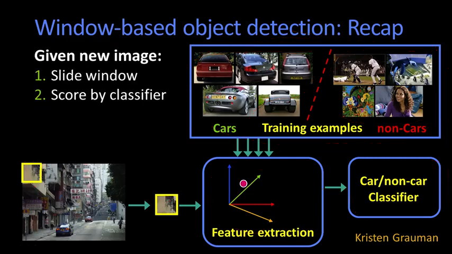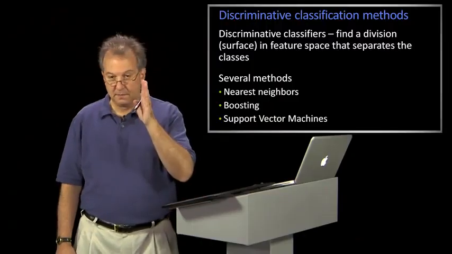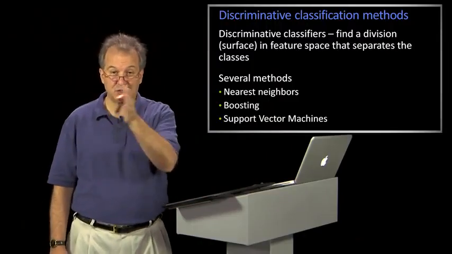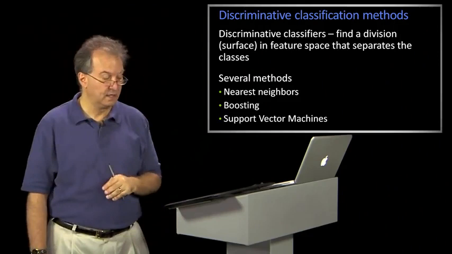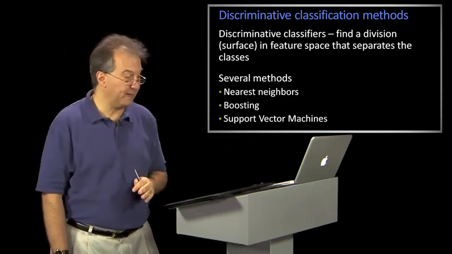At testing time, you take your new image, and you take this window and slide it all over until hopefully you land over here and you classify it as a car. What about those discriminative methods we were talking about? As we said before, they find a division, a surface between the classes. We're going to talk about a couple of different methods.